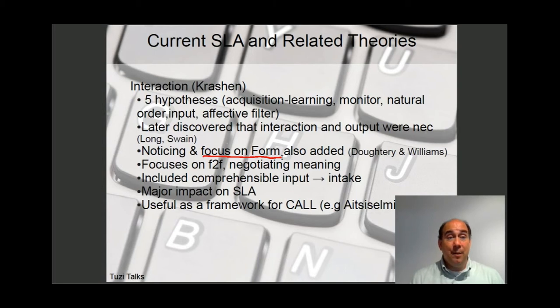There are times, as you're doing input, interaction and output, that students will want to focus in on that particular form that they're having difficulty with. And so there is going to be some need to have focus on form. So focusing on form was also there, and also negotiation of meaning. So you would have this interaction that would be negotiating what it is that something means, and that's very important for the acquisition of a second language.